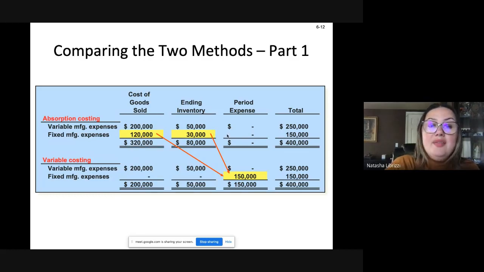However, we have that $6 extra. Remember, 6 times 5,000 units, that's $30,000 sitting in my ending inventory, because here I used it all up, and here I have that $6 extra that has not been sold yet.